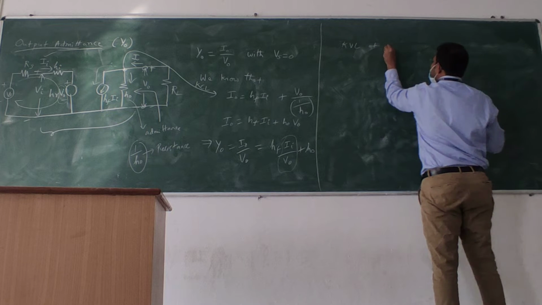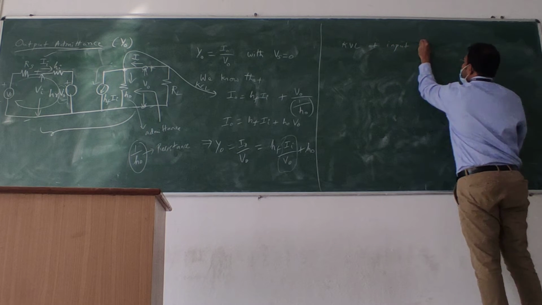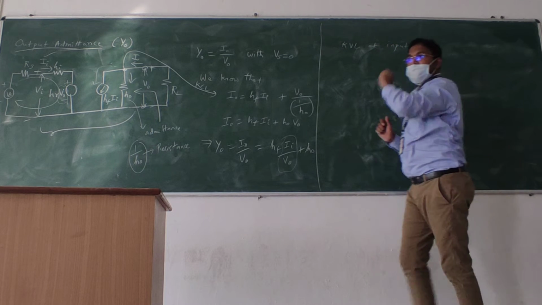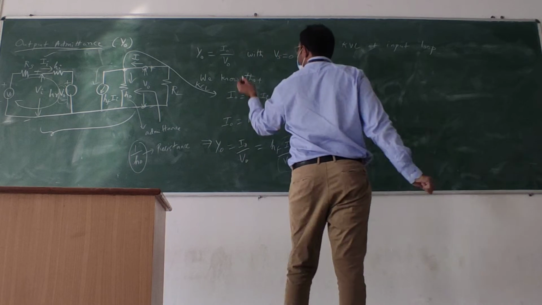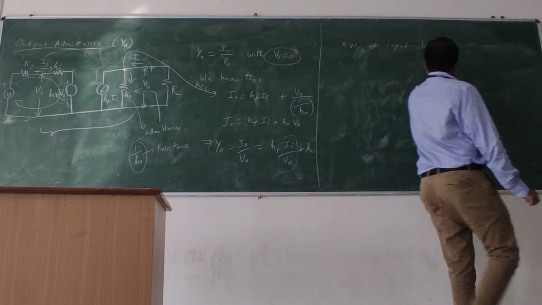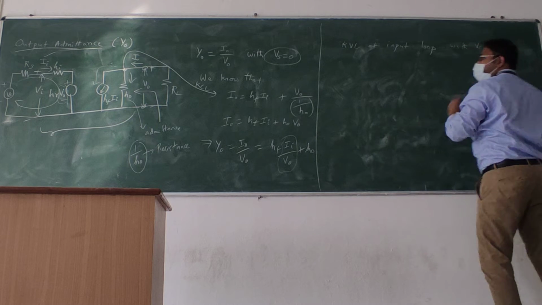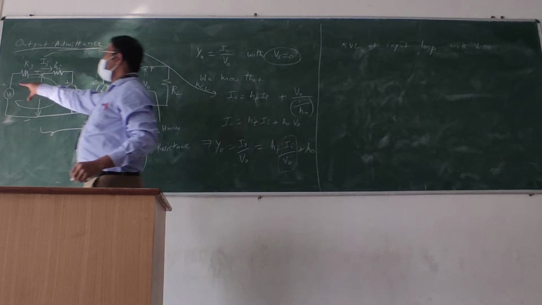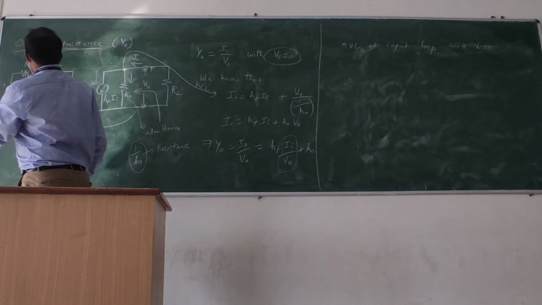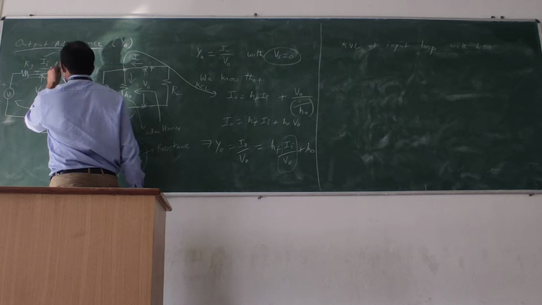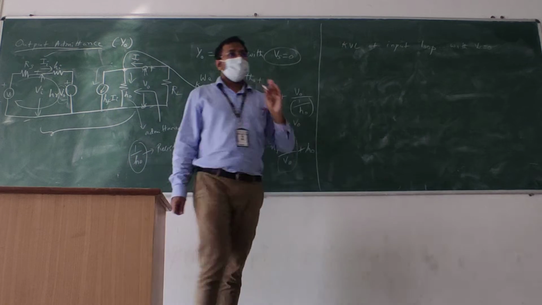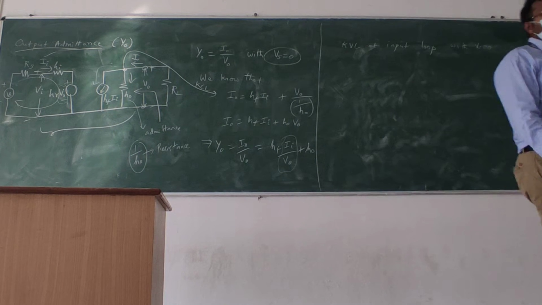So we have to apply KVL at the input loop. But remember, what should Vs be? 0. So Vs is 0. We can leave this. So how many elements? 1, 2, 3. The sum of the voltages is equal to 0. Correct?